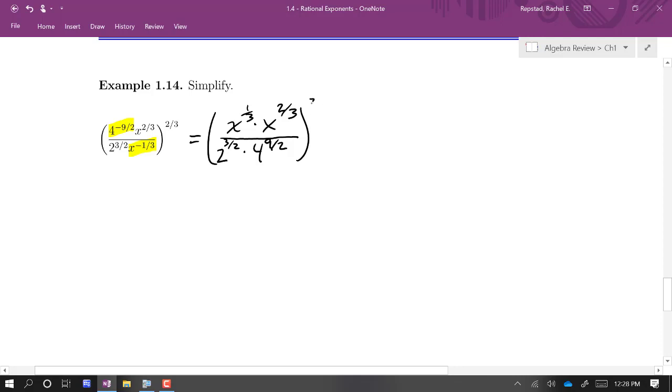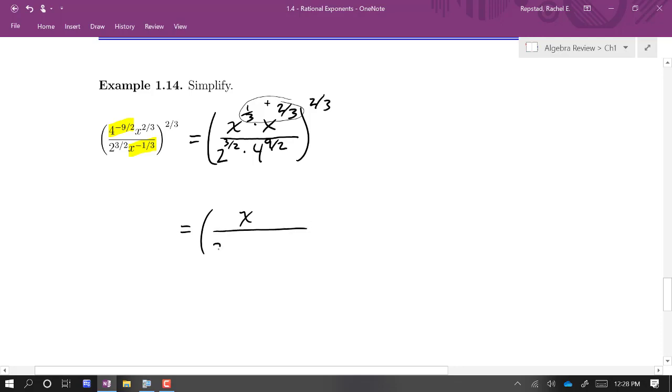And this is all to the 2/3 power. Okay, simplifying the top is not too hard because we're going to add these exponents, right? And when you add 1/3 and 2/3, you get 1. So the top of this fraction is just x to the first, or x.